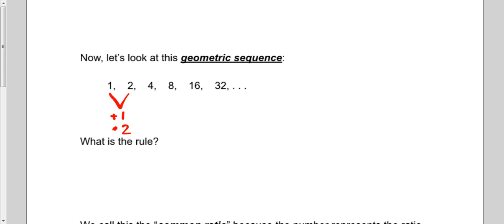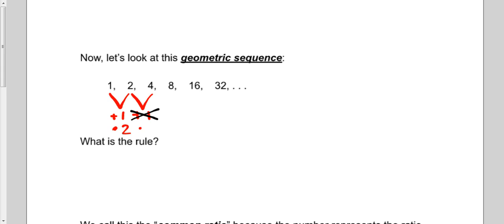Okay? For the next term, to get from 2 to 4, if I add 1 again, does 2 plus 1 equal 4? No, it does not. So I have to eliminate that from consideration.